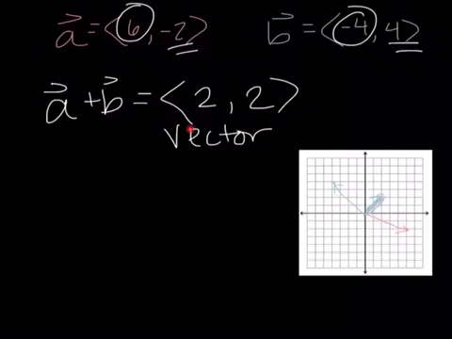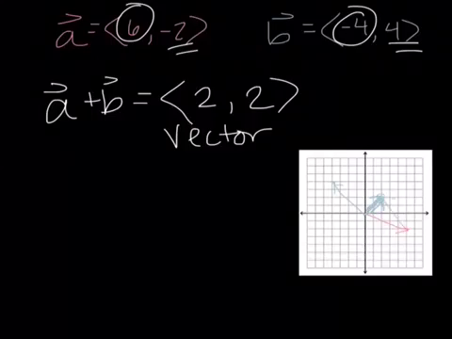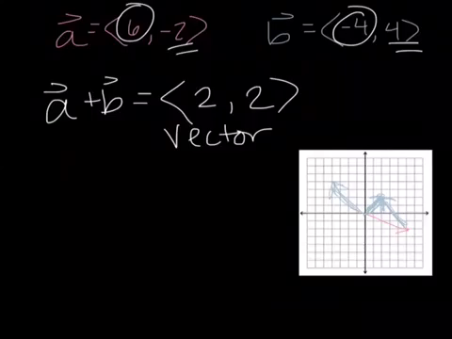So if I draw vector B, I would go back 4 and up 4. That'd be here. Remember that this vector B is the same as this vector B. Vectors only have to have the same direction and length.